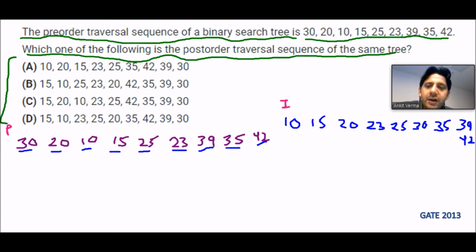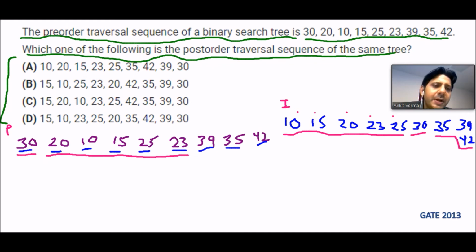First of all, in the pre-order, the first element is the root node. So we find this 30, and 30 becomes the root. This side will be the right subtree and this side the left subtree. In the left subtree we have the elements 10, 15, 20, 23 and 25, so please match 20, 10, 15, 25 and 23.